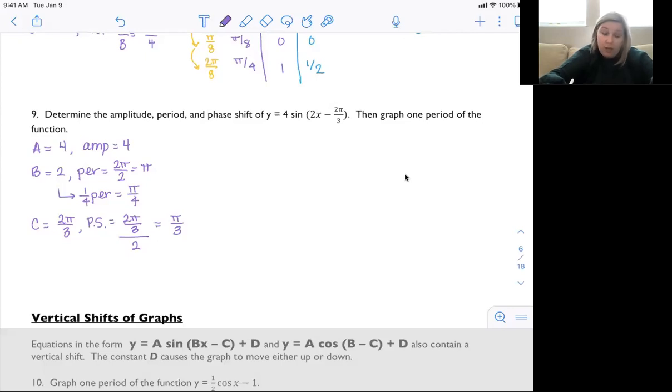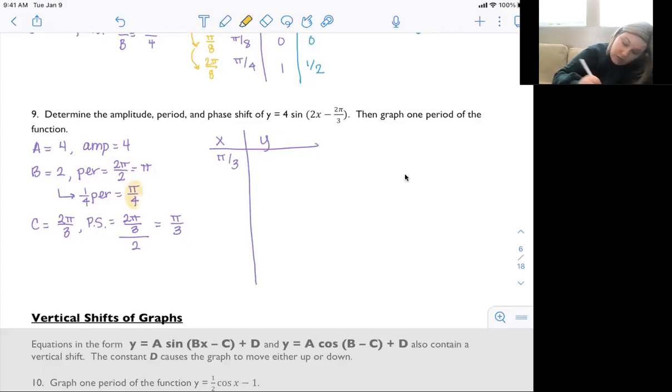So that means we are going to set up our table to start. I didn't leave myself a whole lot of room. Start at pi thirds, and we need to count by pi fourths. So we need to get a common denominator, which would be 12ths.